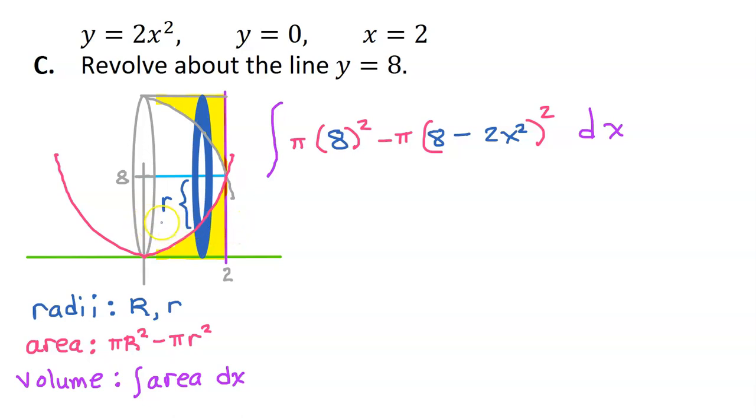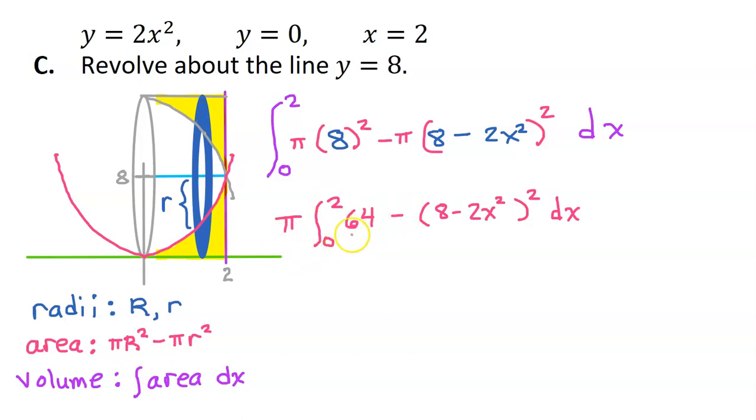Since the washers are stacked up from left to right, from 0 to 2, the limits of integration will be from 0 to 2. I'm noticing that both terms have pi in it, so I like to simplify it a little bit by pulling that pi out in the front of the integral. Obviously, the 8 squared can be written as 64.